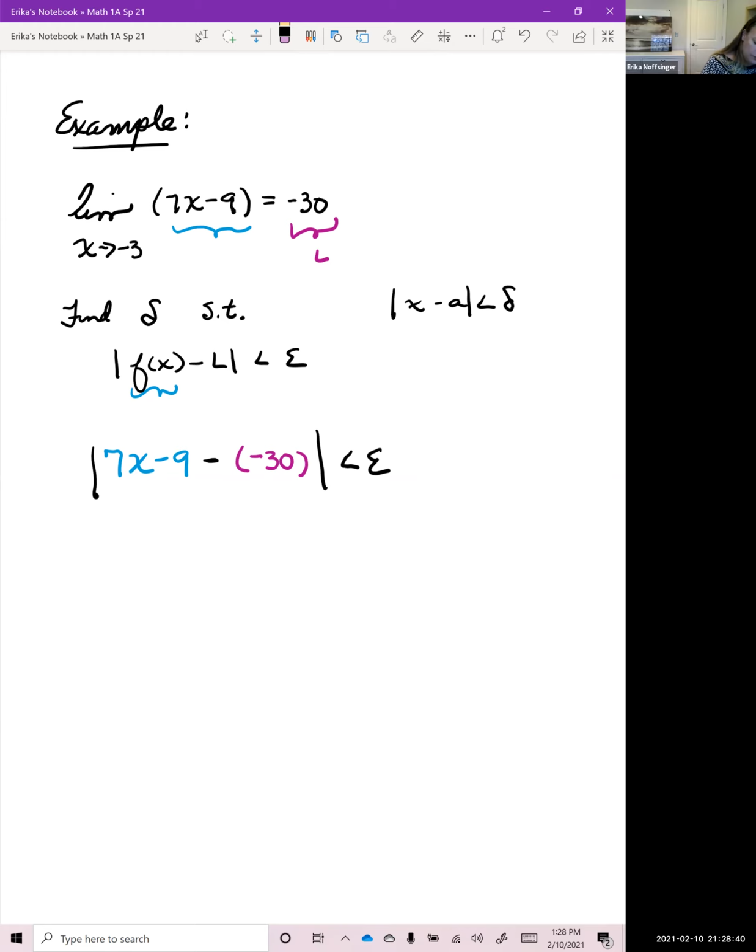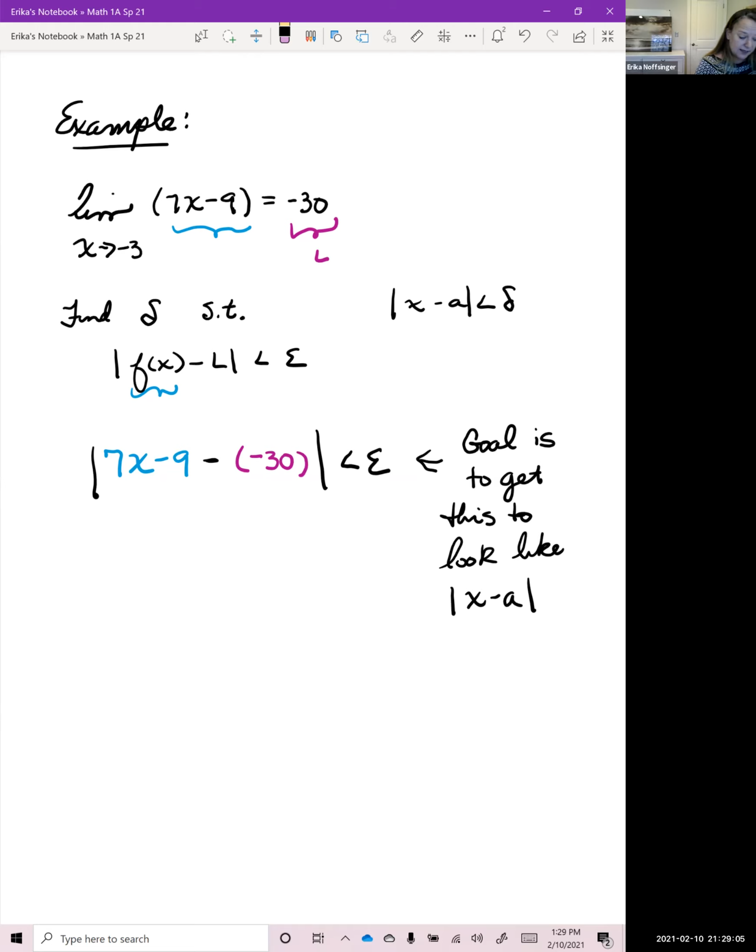Our goal is to get this to look like the absolute value of x minus a.